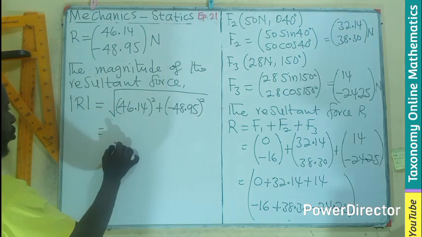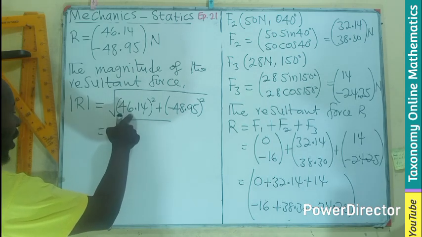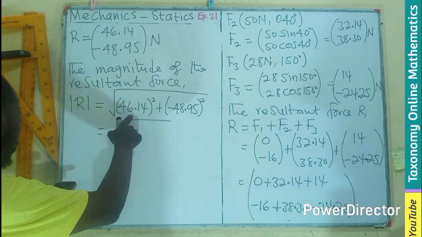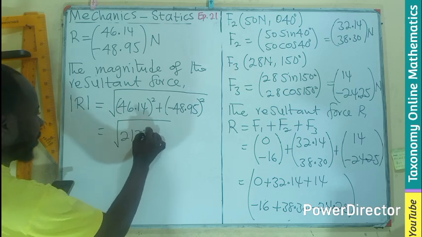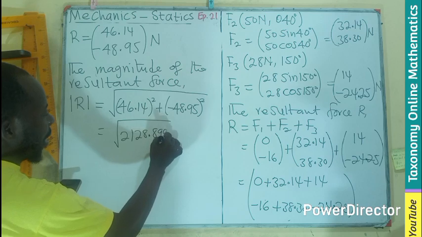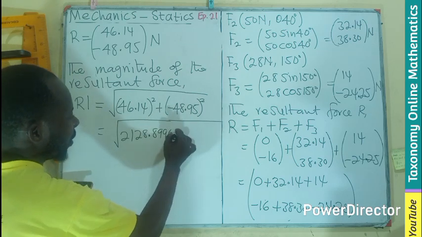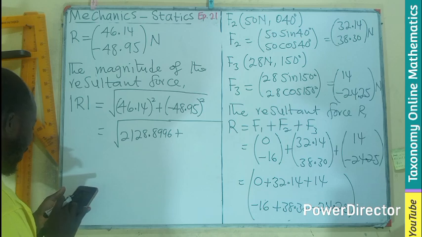We square that and put it under the root. If you square the first one, that gives you 2,128.8996. Then plus, if you square this, because it's a square, the negative will not have effect. It will be cancelled out.